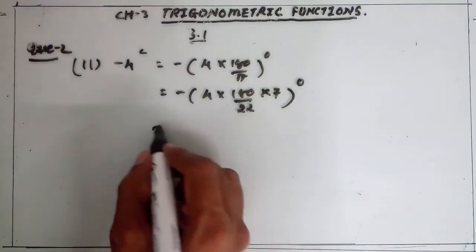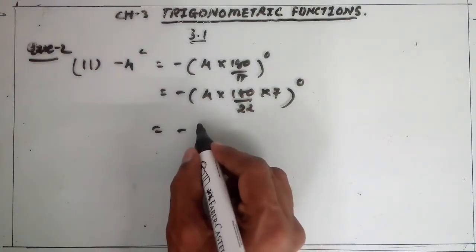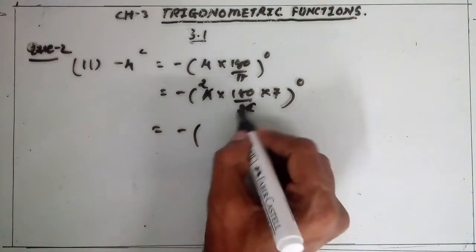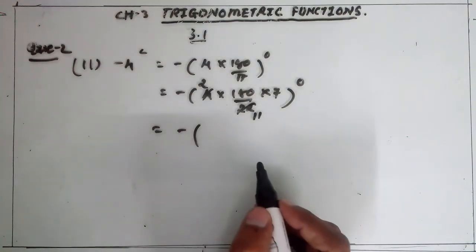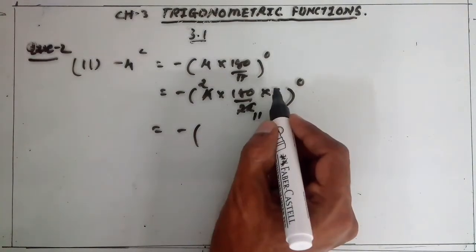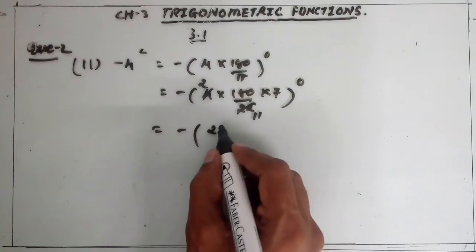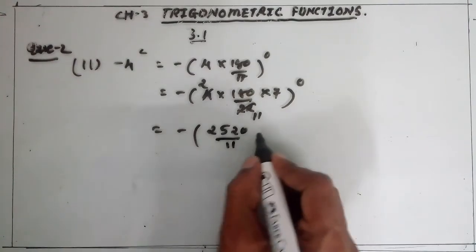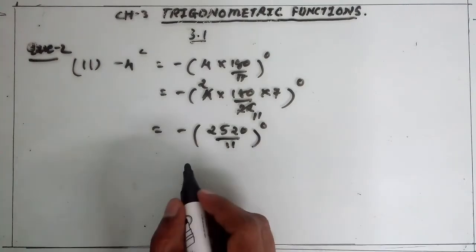Clear? Now simplify this. Minus, here 2 into 4, 11 into 22, and the product of all is 2520 upon 11 degree.